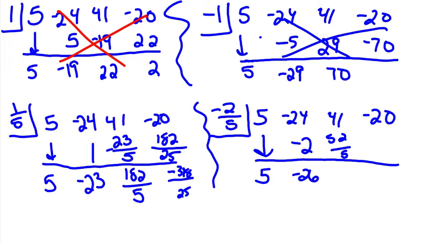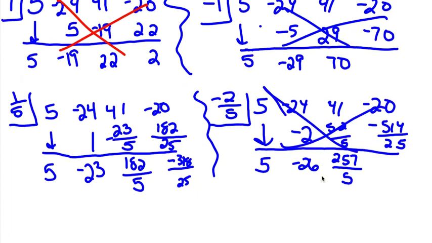Plus 41 is 257 over 5, times negative 2/5. It's getting worse. Negative 514 over 25. Again, no way we're getting a 0 here. I'm done. I'm not even going to finish that one.